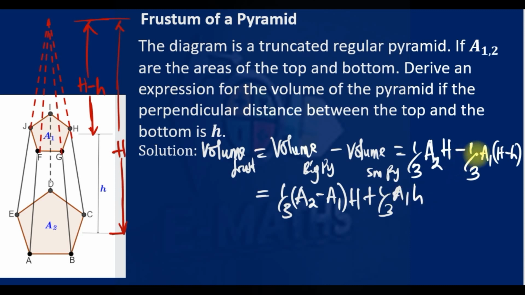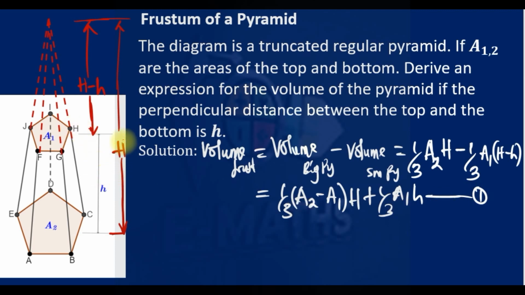Do you get the logic? If you open this, I'll get minus 1/3 A1 H, which I combined with this one to have this, and finally this times this is plus. So this is our equation 1.